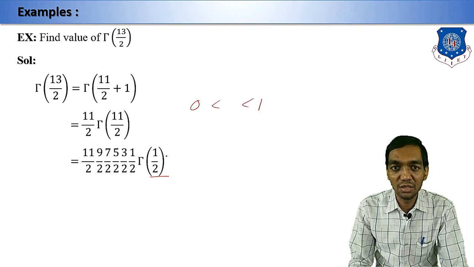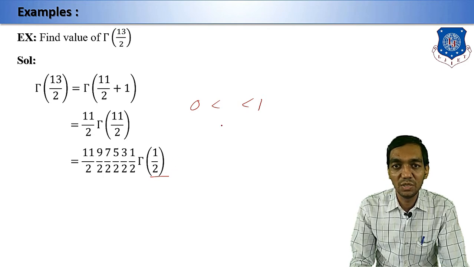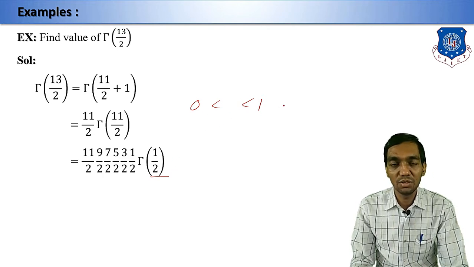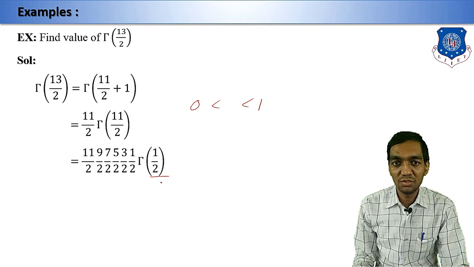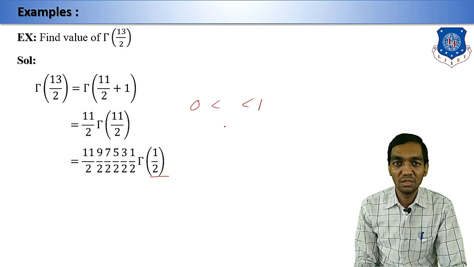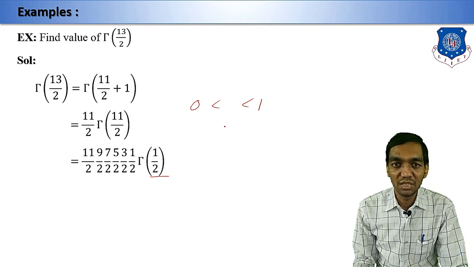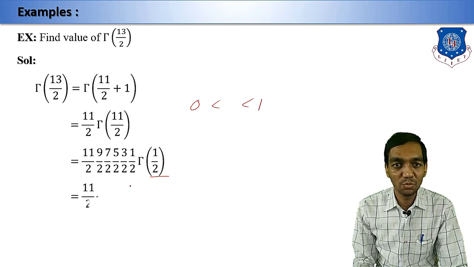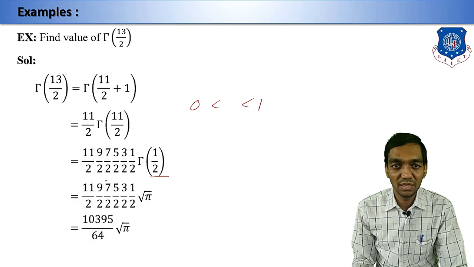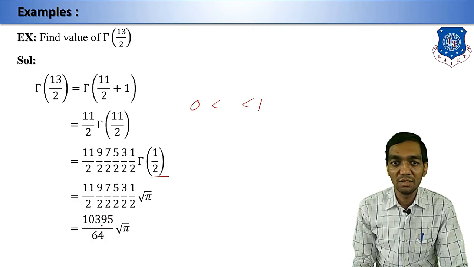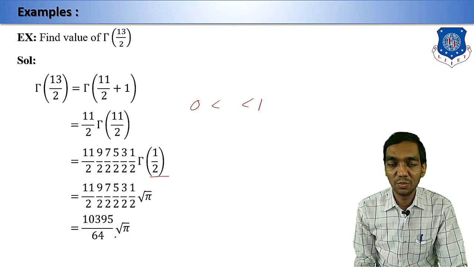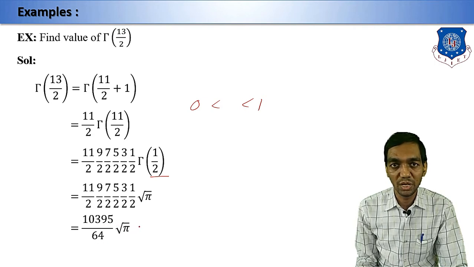Whatever term you have must be between 0 and 1. Once you have it between 0 and 1, then we stop. But we are aware that gamma 1/2 is root π. So we put the value of gamma 1/2 as root π, and simplify this term, that will give you 10,395/64 into root π.